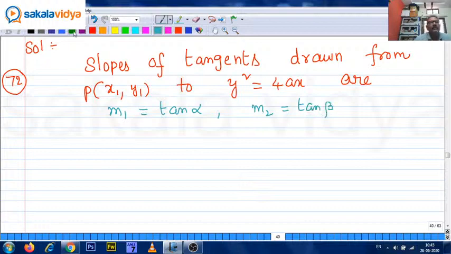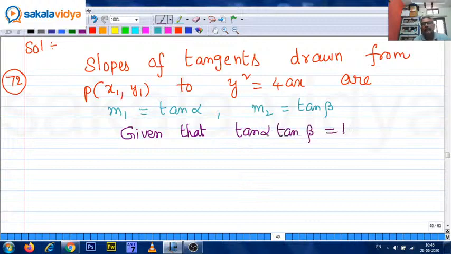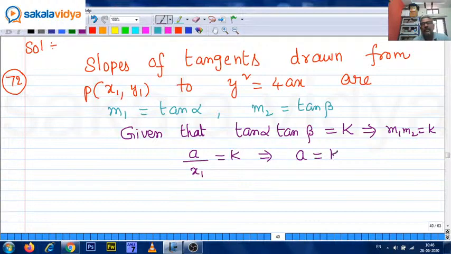What is the given condition here? Given that tan alpha into tan beta equals k. That implies m1 into m2 is equal to k. Already discussed, m1 plus m2 is equal to y1 by x1, and m1 into m2 is equal to a by x1. So a by x1 equals k. That implies a equals kx1.